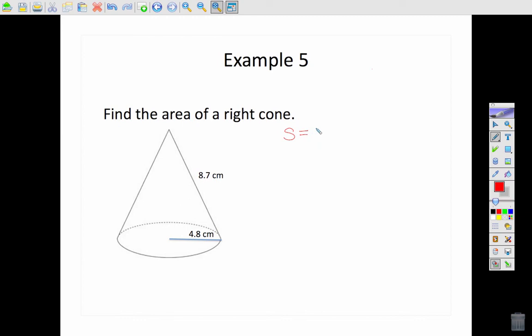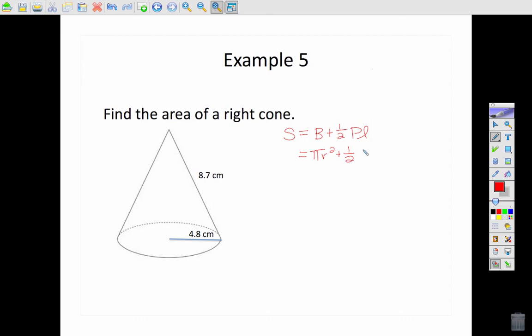So our last example. Surface area is equal to the area of the base plus 1/2 times the perimeter times the slant height.